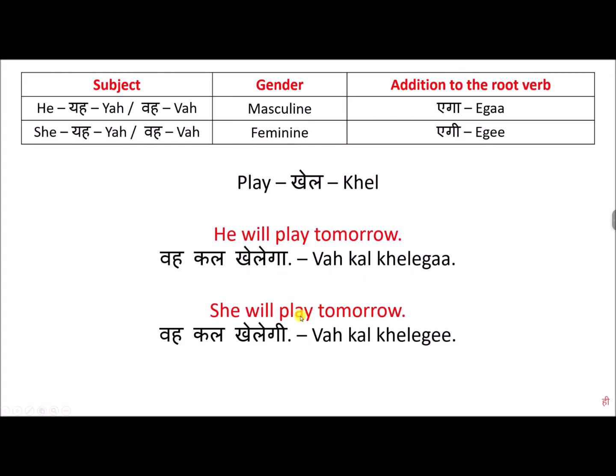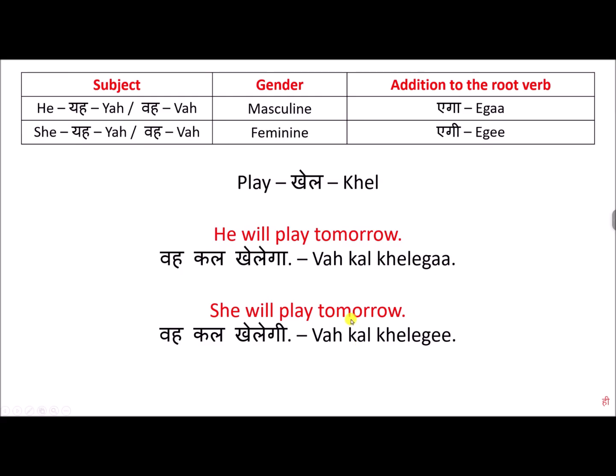She will play tomorrow. वह कल खेलेगी. वह is she, kal is tomorrow, खेल is the root verb, egi is added to the root verb. वह खेलेगी is she will play.